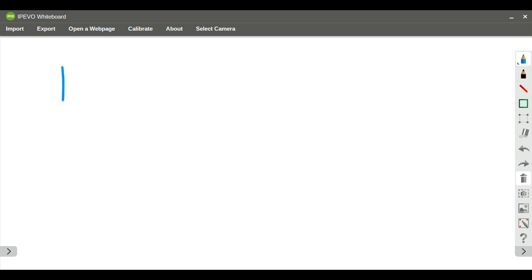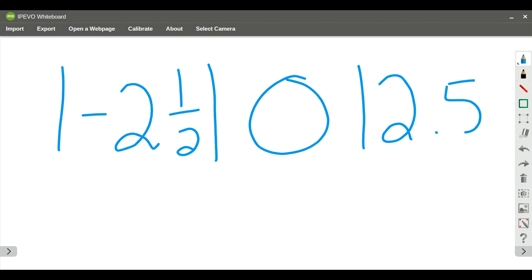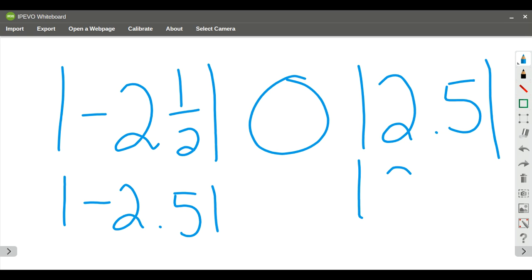So I have negative 2 and 1/2, my absolute value of negative 2 and 1/2, compared to absolute value of 2 and 5/10. So we talked about in lesson 3-3 when we have different forms to do the comparison, we want to go ahead and get them in the same form. So I'm going to take the negative 2 and 1/2 and I'm going to rewrite that as a decimal. So it becomes negative 2 and 5/10, 2 and 5/10 comparison.